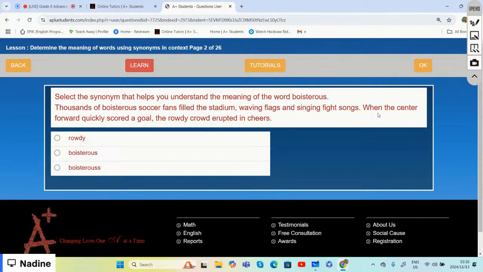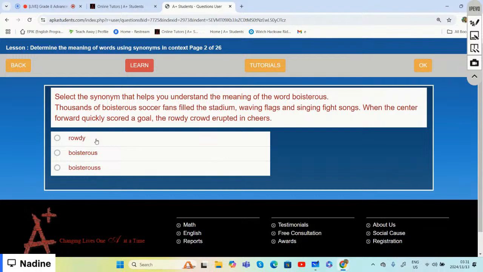Boisterous. The meaning of boisterous is basically that they are rowdy, they are noisy, they are wild sometimes, over energetic. If we were to select the synonym that helps you to understand the meaning of the word boisterous, another word is actually rowdy.